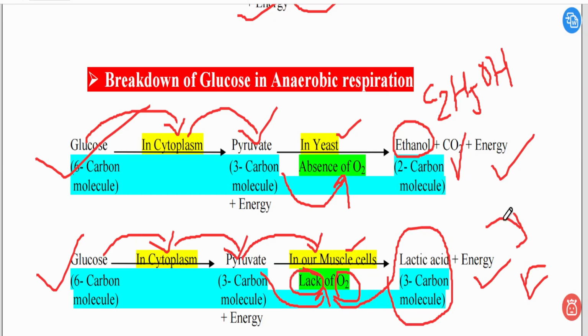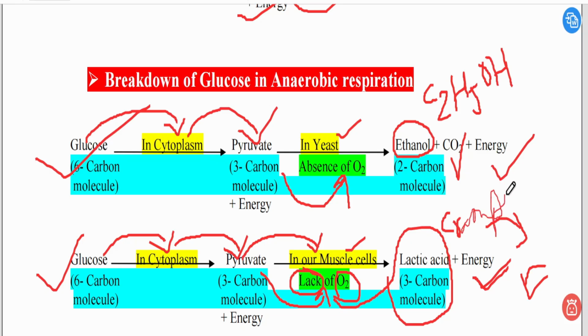That means your cells are getting oxygen, but not abundantly, only in limited amount. So some energy is produced along with lactic acid, and when this lactic acid is released, it will make you feel cramps in your joints.